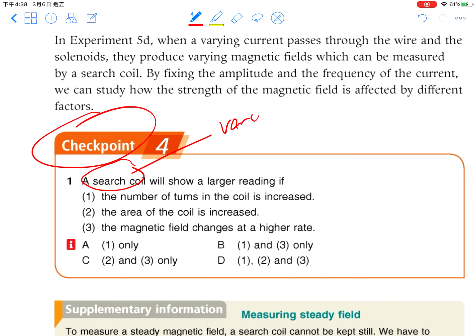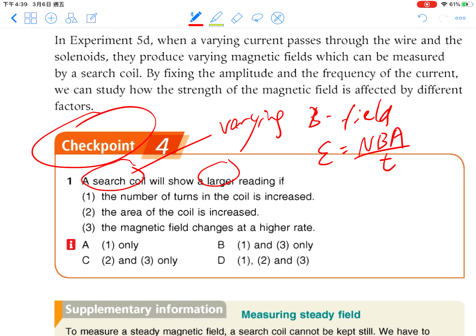Checkpoint 4, search coil. A search coil detects a varying B field. By a varying B field we have an induced current, and we have a constant induced current. So how can we have a larger value?